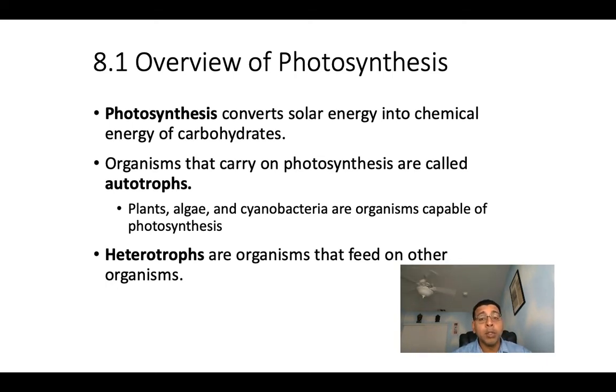When we talk consumers, consumers are also known as heterotrophs, and they must take in preformed organic molecules. Both use organic molecules produced by photosynthesis as a source of building blocks for growth, repair, and as a source of chemical energy for cellular work.